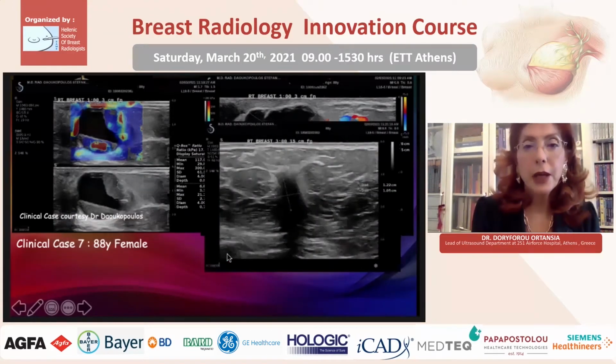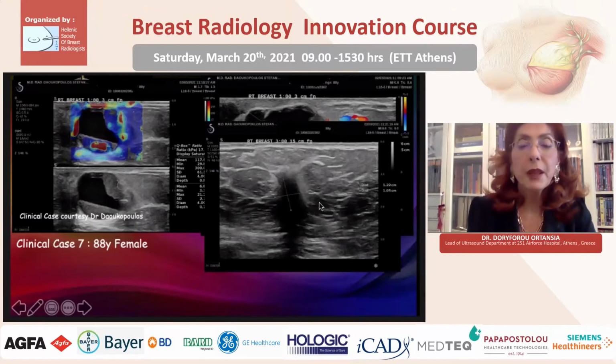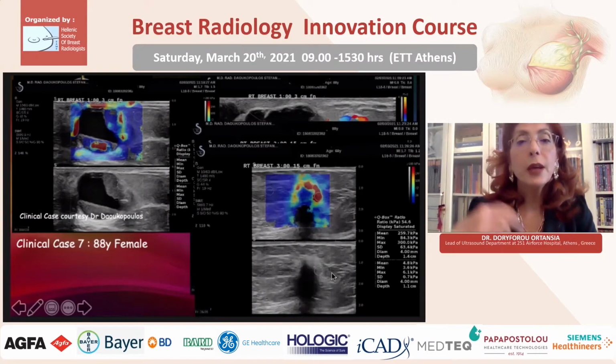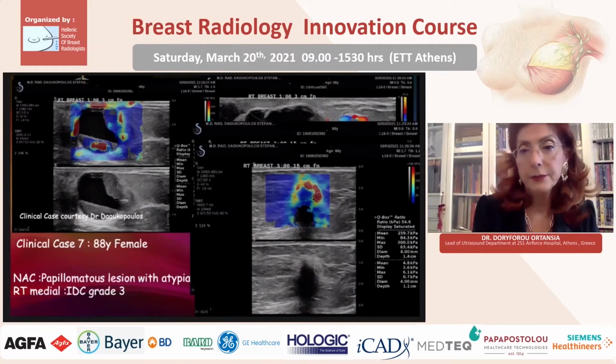How about the other lesion? It corresponds to an asymmetric angular lesion with a thick halo. And on shear wave, it's confirmed with very high values. So we expect a high-grade malignancy, and it was a grade 3, and the other lesion was a papillomatous lesion with atypia.